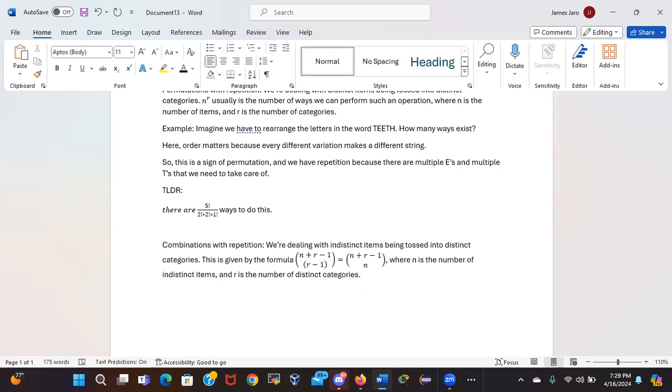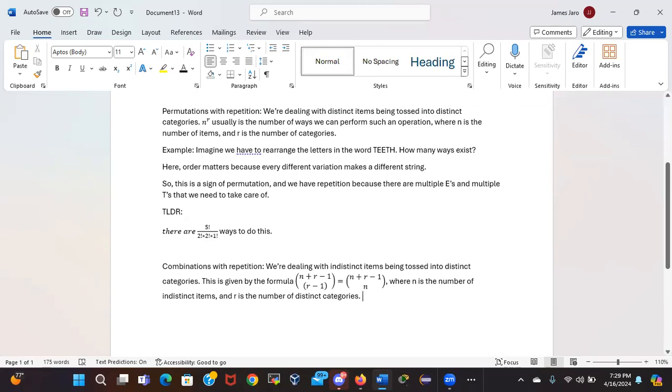Does that make sense? So far, so good. Often this is called stars and bars.